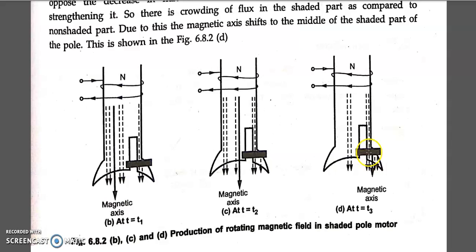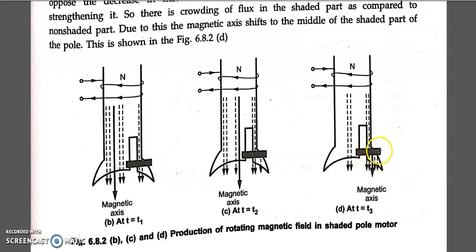Like I said, now the rate of change of flux is decreasing rapidly from t2 to t3. So since the flux is changing, EMF gets induced here. If EMF gets induced, the current will also start to flow.